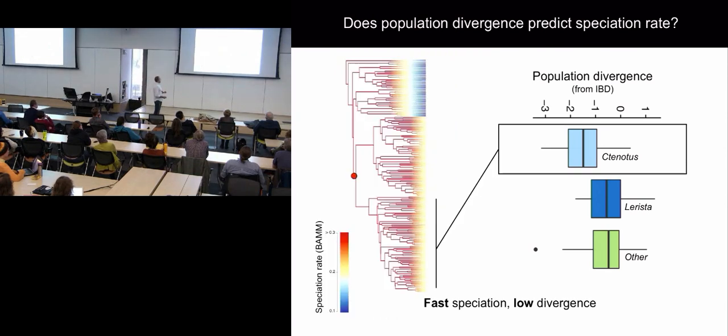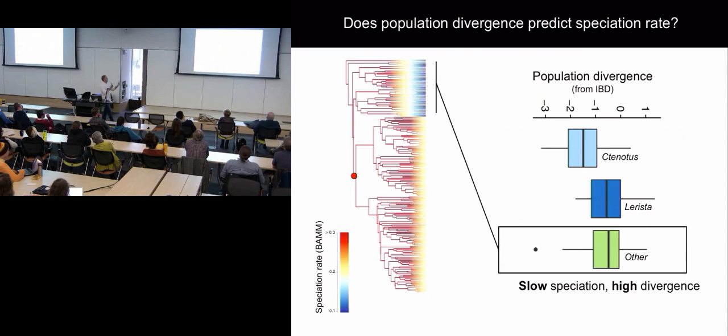But in fact, Tenotus is a group that has both fast speciation and low divergence. So this is a concrete visual showing us that this runs opposite our overall predictions. Conversely, we have this clade here, where we have slow speciation and high divergence. So again, this is opposite our overall expectation.